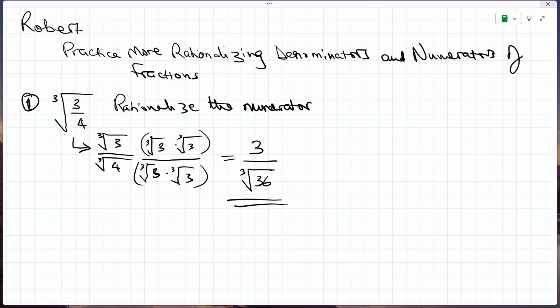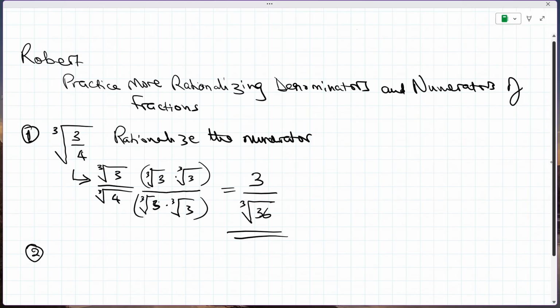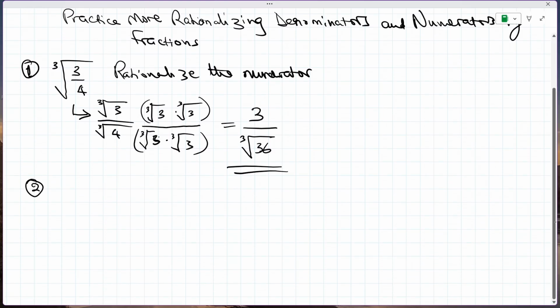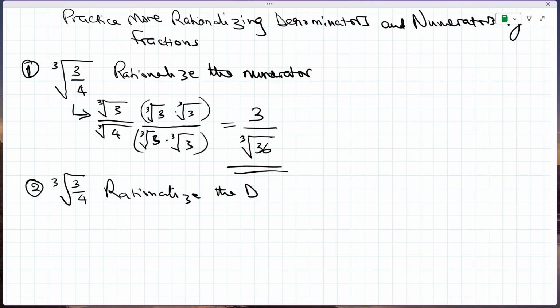Okay. So now let's look at again rationalizing the denominator. Let's suppose we have still the same example, cube root of 3 over 4. So again, like we did at the top, this is rationalize the denominator.